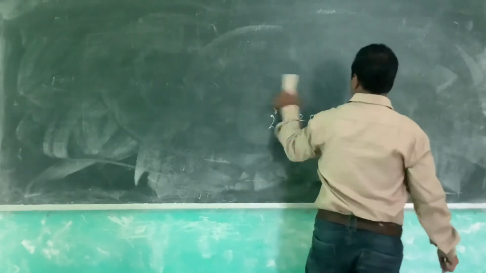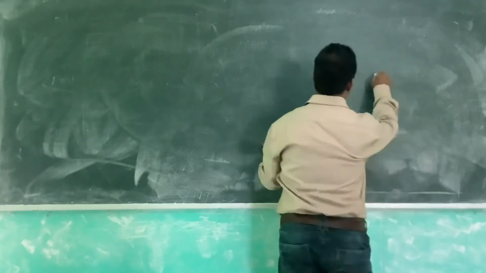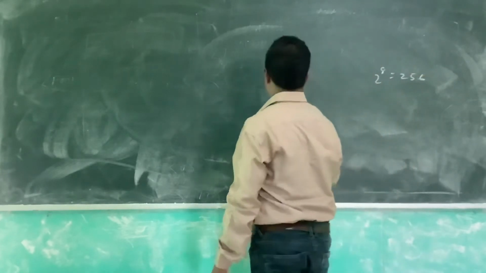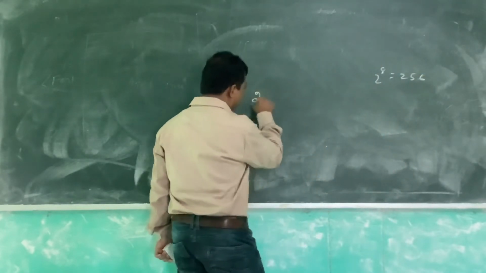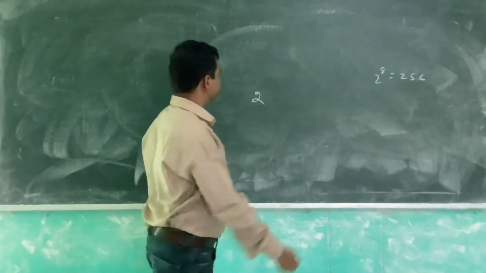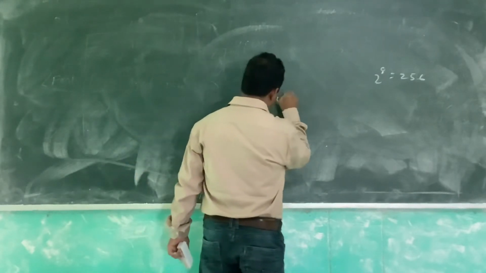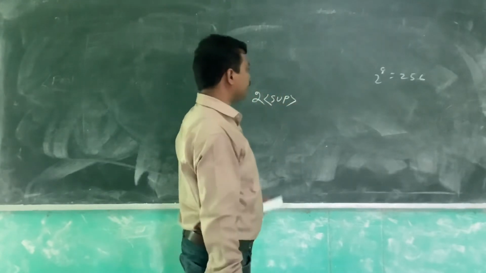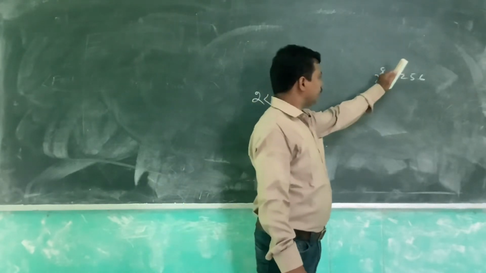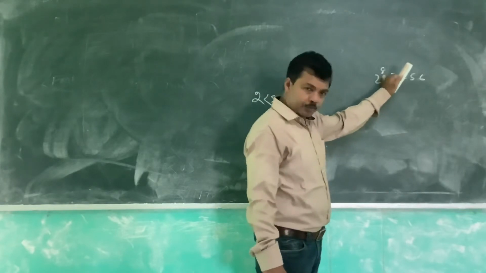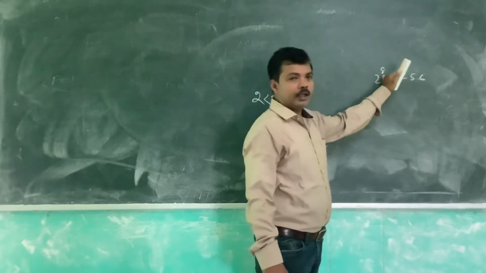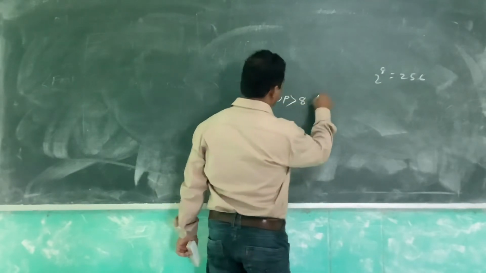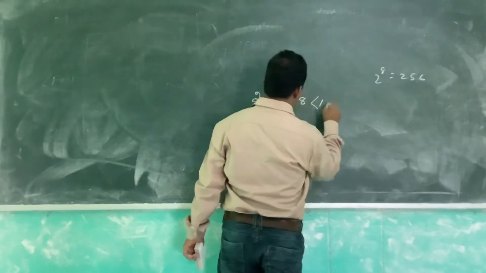So I am writing the equation 2 to the power 8 equal to 256 in HTML. Simply type 2, then write SUP, because we have to superscript the numeral 8. Then type 8, then close the tag SUP.